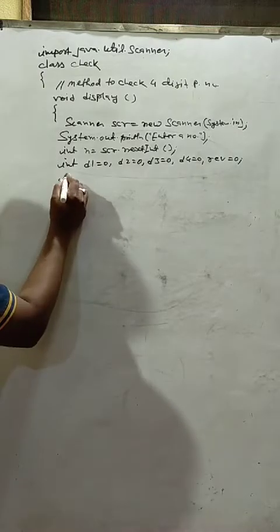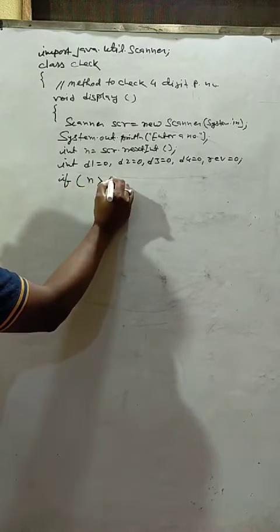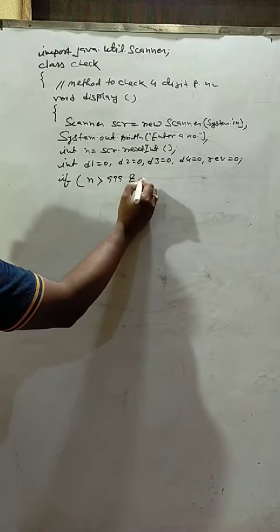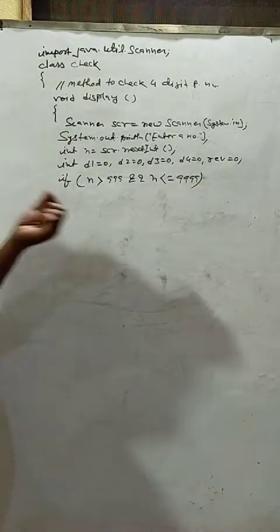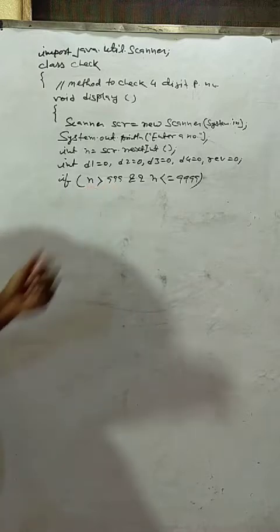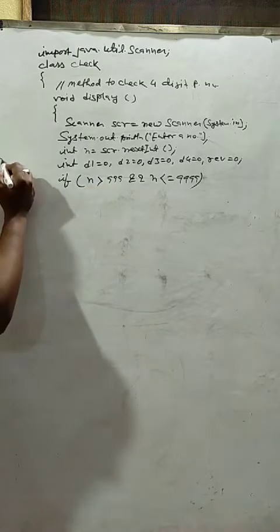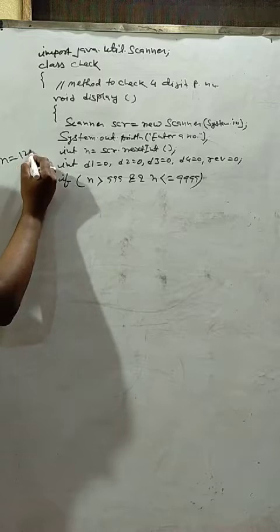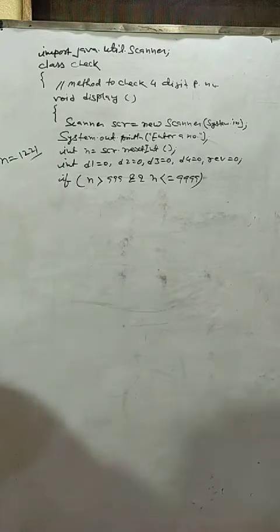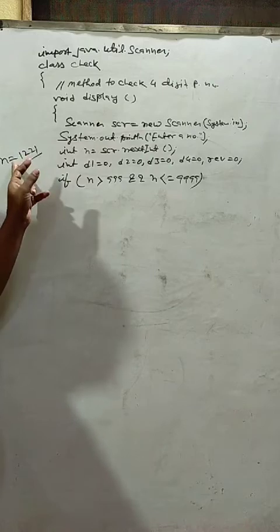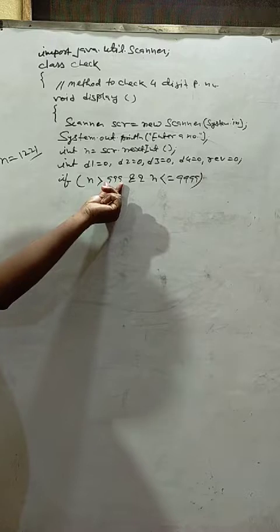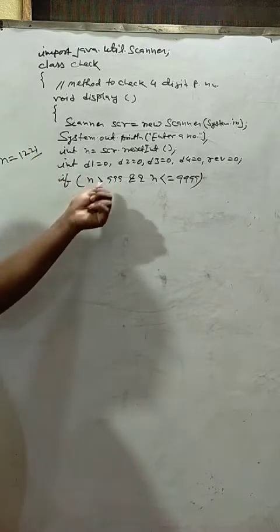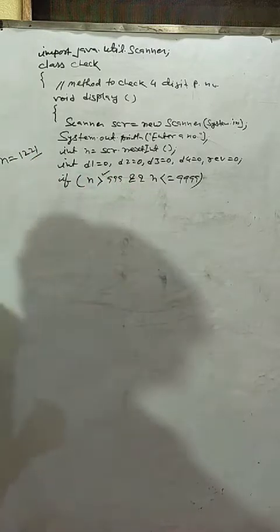Now check if n is greater than 999 and n is less than equal to 9999. This is the range of a 4-digit number. Suppose let's take n equal to 1221. Apply the value of n in this condition. n is greater than 999: 1221 is greater than 999, therefore it is true.